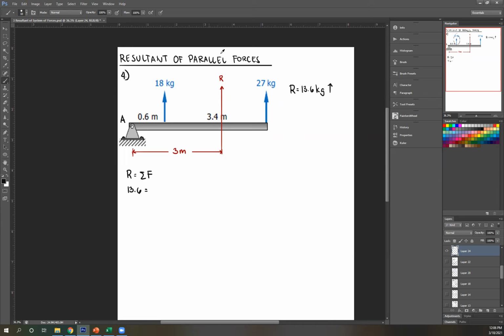Let's start with 18. 18 is upwards, therefore positive. 27 is upwards, therefore positive. Then we don't know the direction nor position of the missing force, so you can just write F. Let's assume that it's positive. So assuming positive F, solve for F. What's the answer?